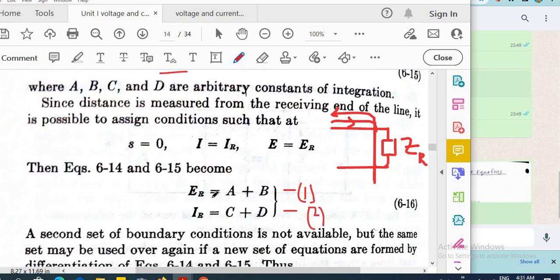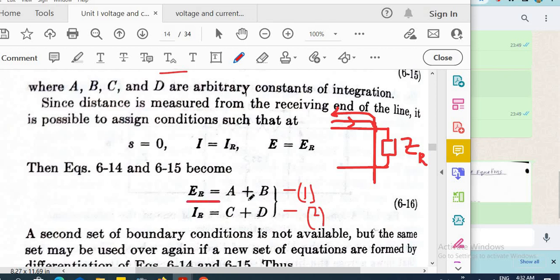Here ER is the voltage at the load end and IR is the current at the load end. There is also a current reflection coefficient, but when I talk of reflection coefficient, I generally deal with the voltage reflection coefficient and not the current reflection coefficient.